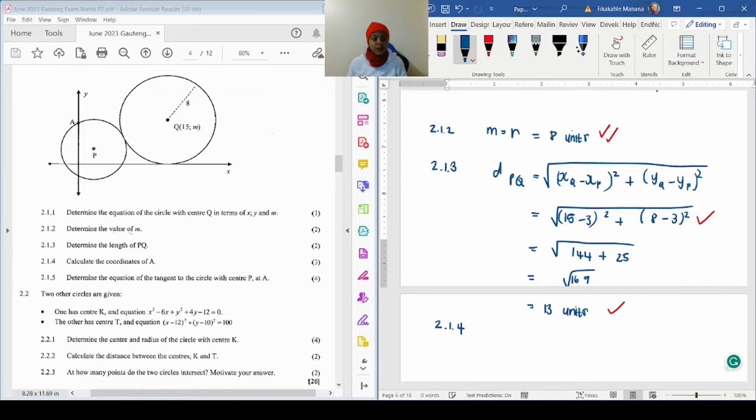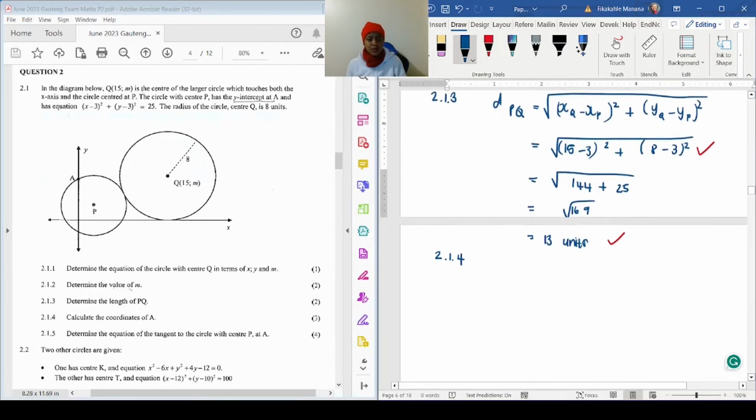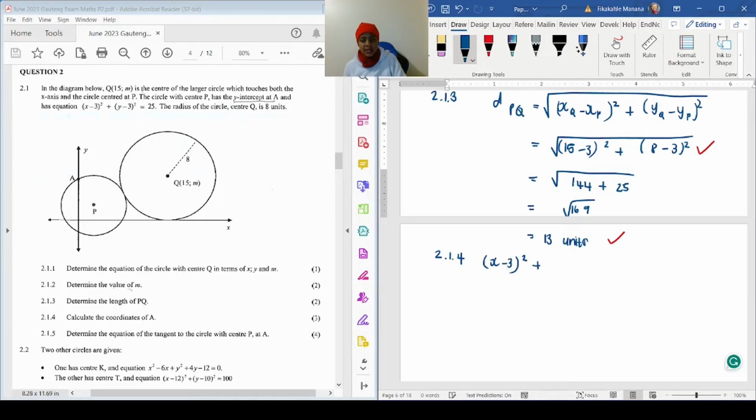Now 2.1.4, calculate the coordinates of A. A is the y-intercept, as we were told. We're given the equation for the smaller circle, right? So we have (x − 3)² + (y − 3)² = 25. If they want the coordinates of A, which is the y-intercept, we know that x has to be 0.